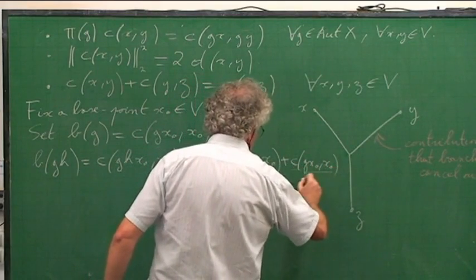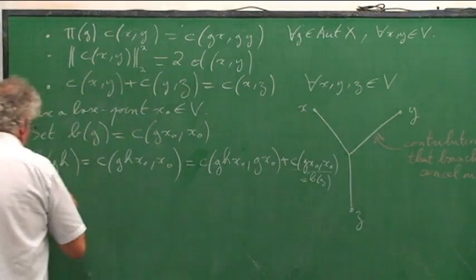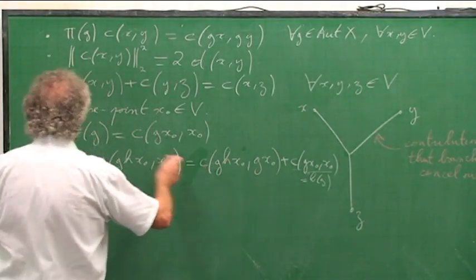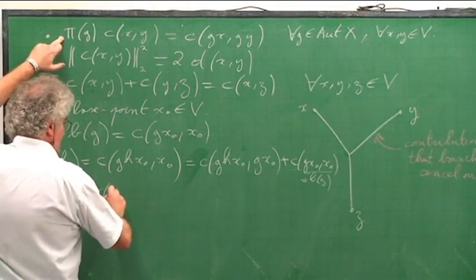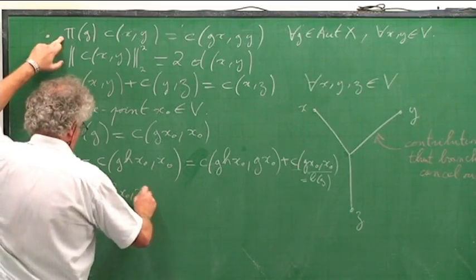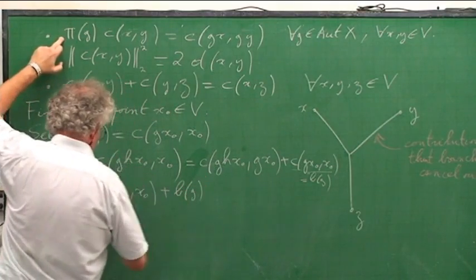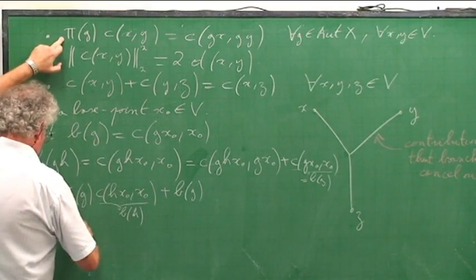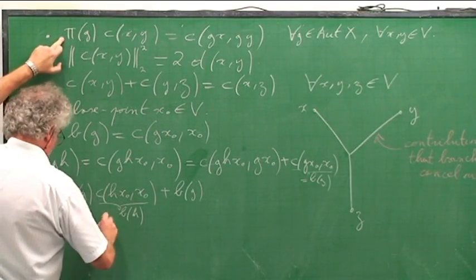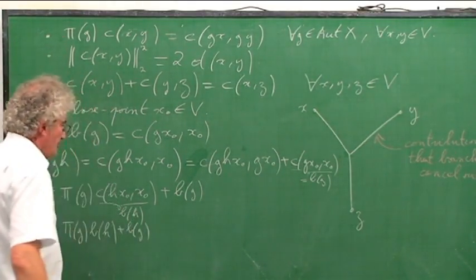So this last one is V of g. And the first one, by the equivariance relation, is pi of g applied to C of h x naught, x naught. But now this one is V of h. So V of gh is V of g plus pi of g V of h, as it should be.